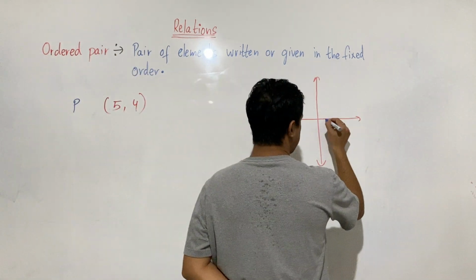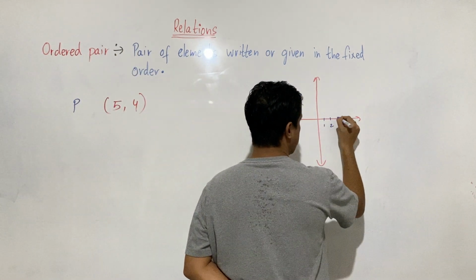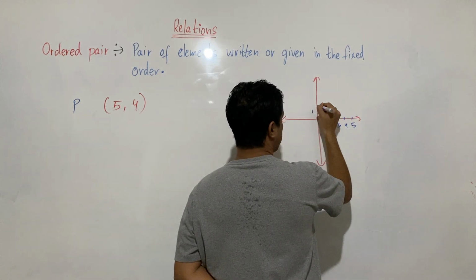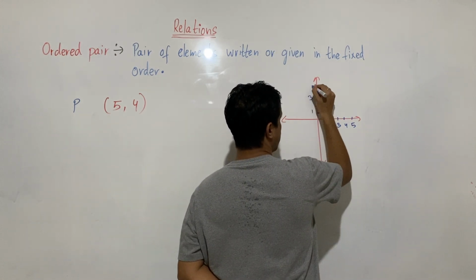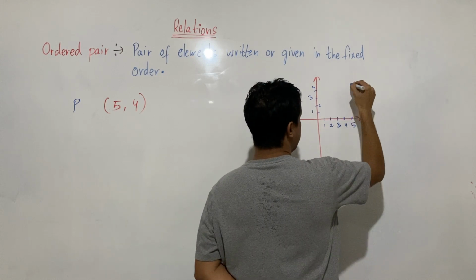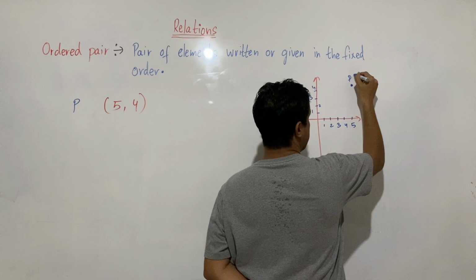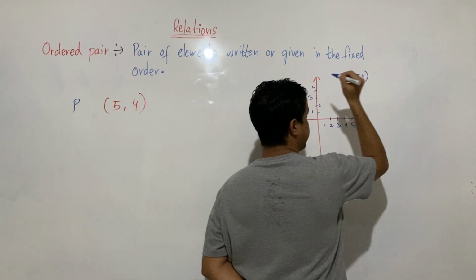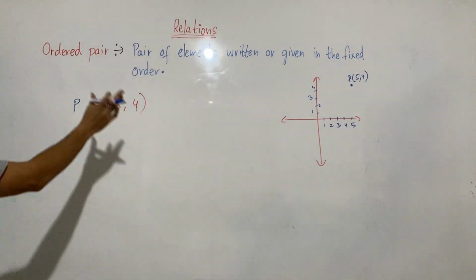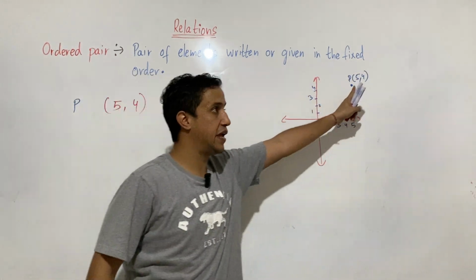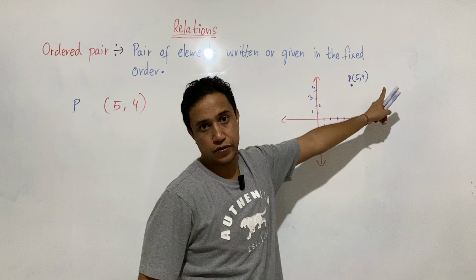Here this is 1, 2, 3, 4, 5, and here 1, 2, 3, 4. So 5, 4 means I have this point P. The coordinates I'm using here are ordered pairs.